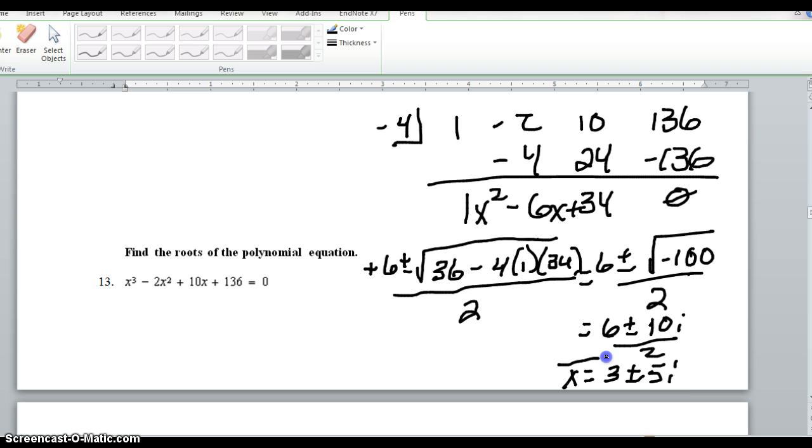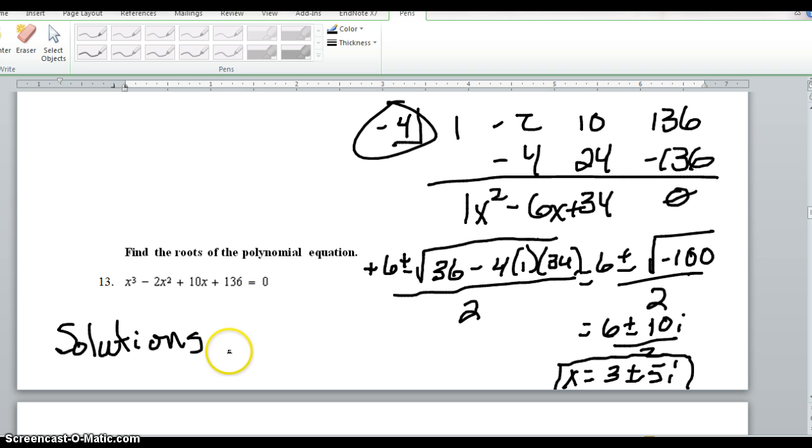And that's what the other two solutions are, along with our synthetic divisor of -4. So our solutions, if you want to write this out separately, which I strongly suggest on your tests, are x equals -4 and 3 plus or minus 5i.